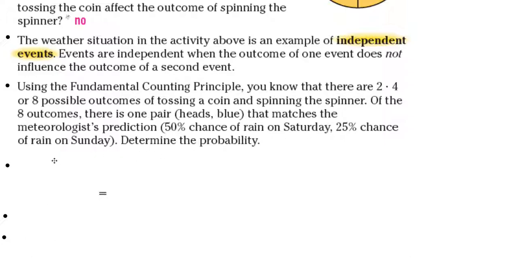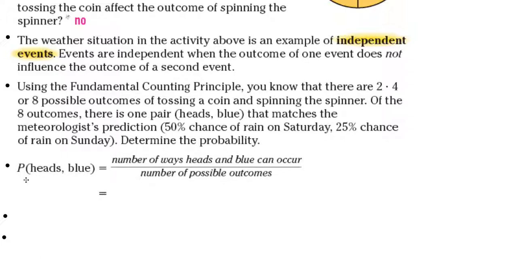Let's determine the probability. We know that the probability of getting heads and landing on blue is equal to the number of ways heads and blue can occur over the total number of possible outcomes. There's only one way heads and blue can occur, and there are 8 possible outcomes, so the probability is 1 over 8.